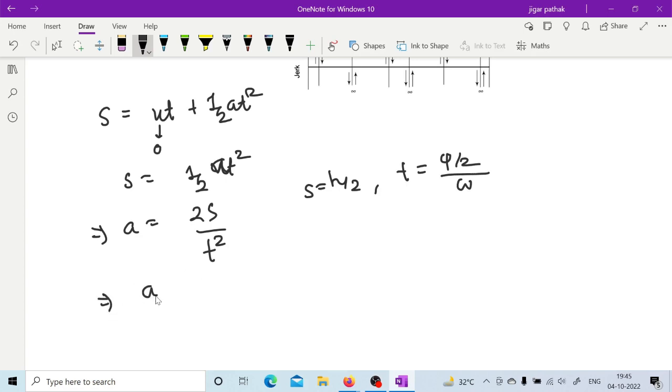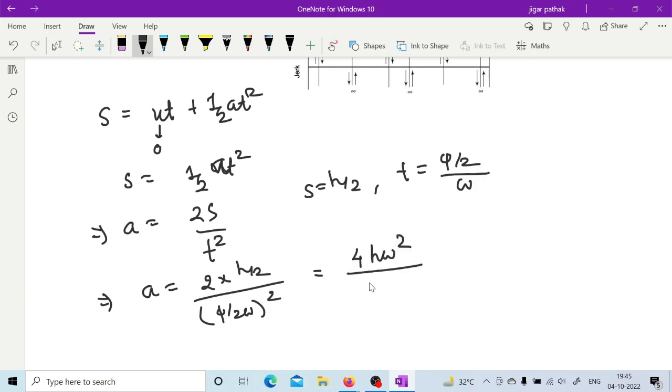If you put this in the equation, then what you will get is 2 into h by 2 upon t square, where t is phi by 2 omega, squared. So this is how you will get your acceleration as 4h omega square upon phi square.